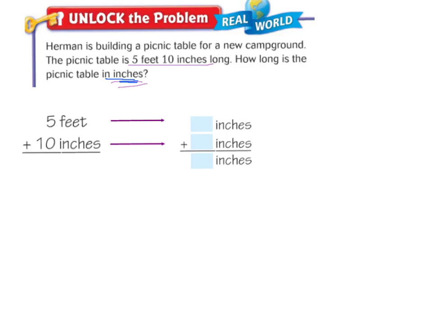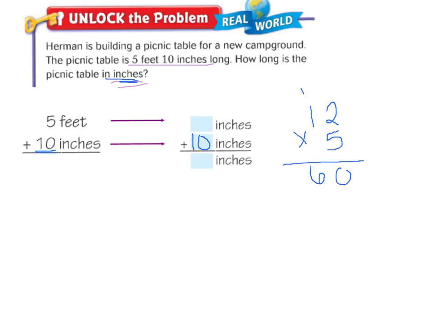Well, I know that my 10 inches here, that's already in inches. So I can just bring my 10 inches over, but then I have this 5 feet. Now I know that in 1 foot, there are 12 inches, because my measurement sheet tells me, and we've practiced that already. So I have 5 feet, so I can say 12 times 5, and that would be 60.